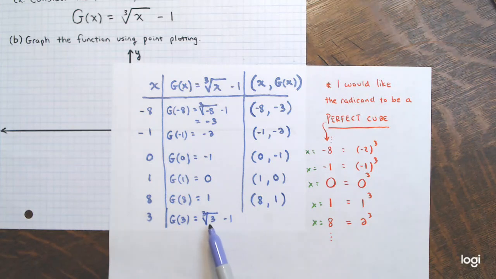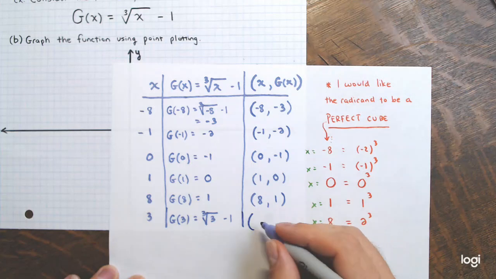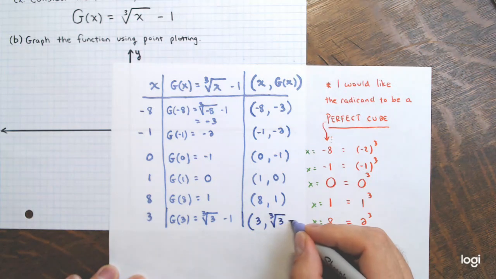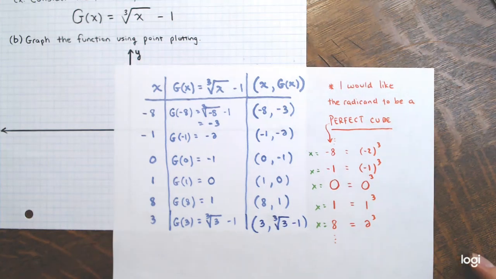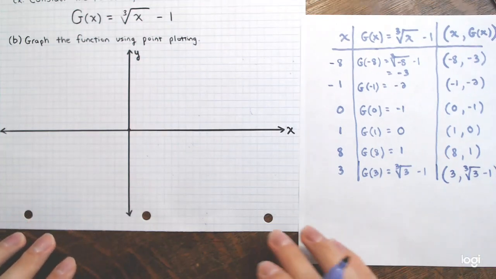So again, this isn't really nice. I know it's 0 point something. We'll see where the points land when I start plotting them. Okay, and then the point I would plot, if I could actually eyeball it, input 3, output cube root of 3 minus 1. Great. Alright, so I'm going to keep this table over here, and let's plot some points.